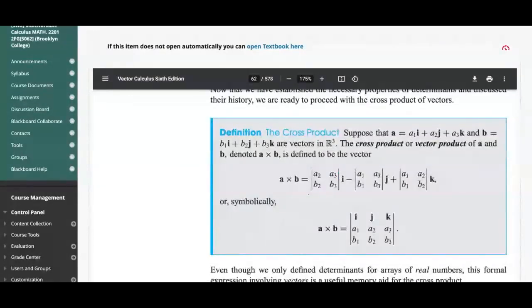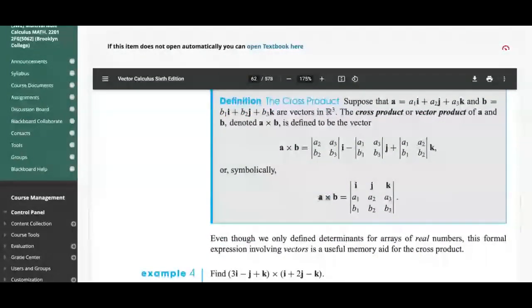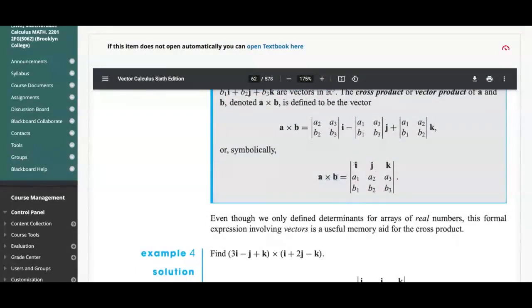We haven't mentioned the cross product, all right? So A cross B, A is a vector in 3 space, B is a vector in 3 space. A cross B, how do we find it? We put ijk on top, because ijk are vectors, and A1, A2, A3 are the components of A, B1, B2, B3 the components of B. So that is still a vector, right?